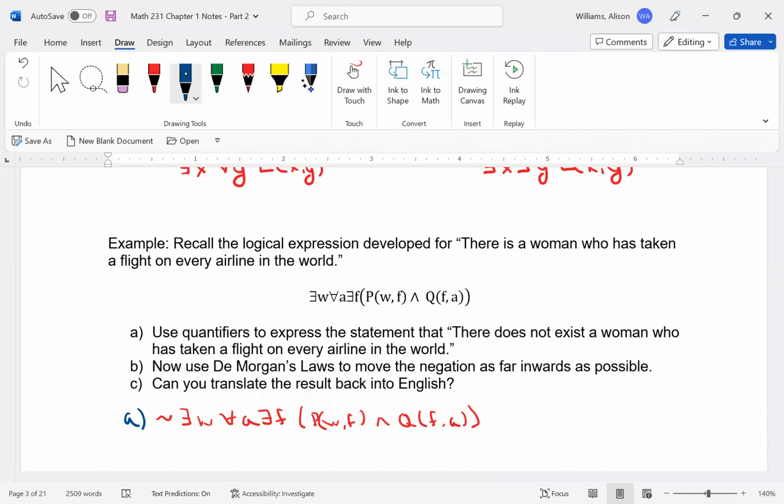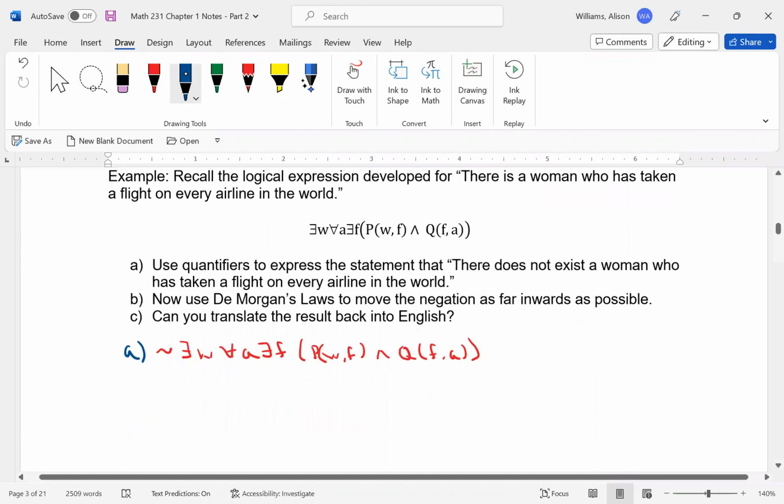And if you're talking about these quantifiers here, then it's going to change them. So when you say that it's not true for everyone, that means there exists somebody out there. That's what that means. So they're wanting us to use that understanding of De Morgan's laws.